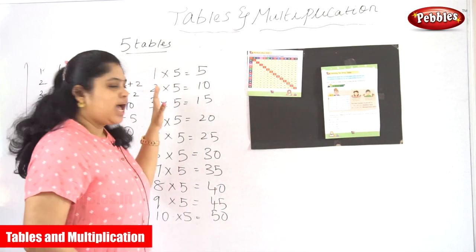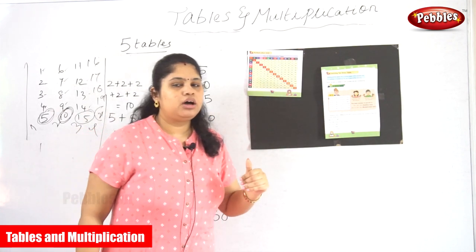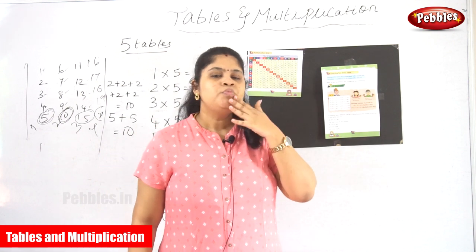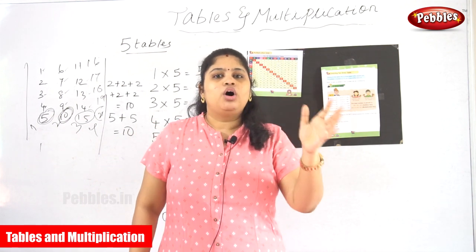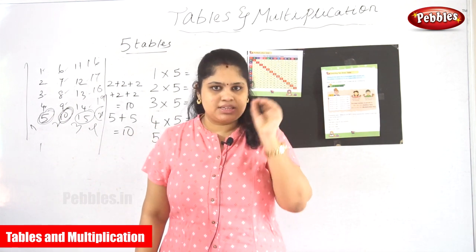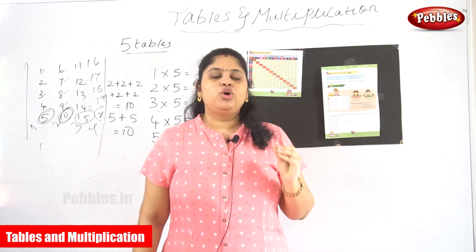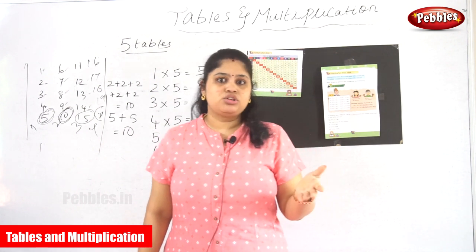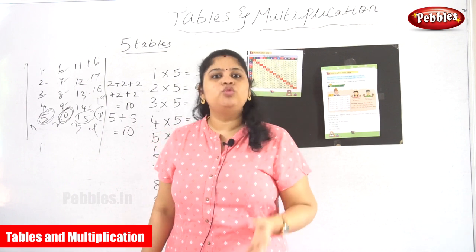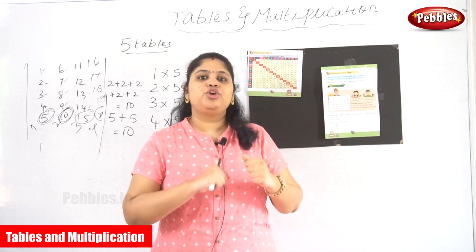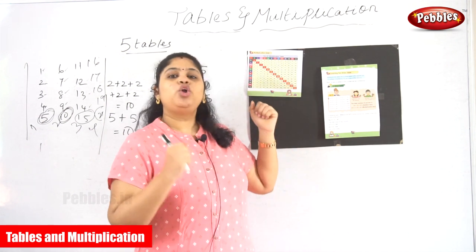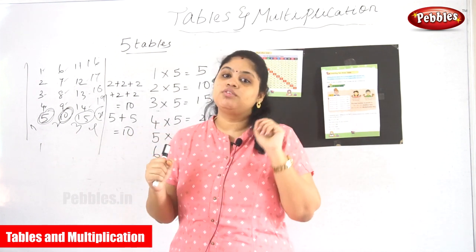As I told you in my previous video, the order of studying tables is very important, and I gave you some examples also. When we do anything new, we are very interested and curious about it, but if we keep doing the same thing, at one point we will get bored.